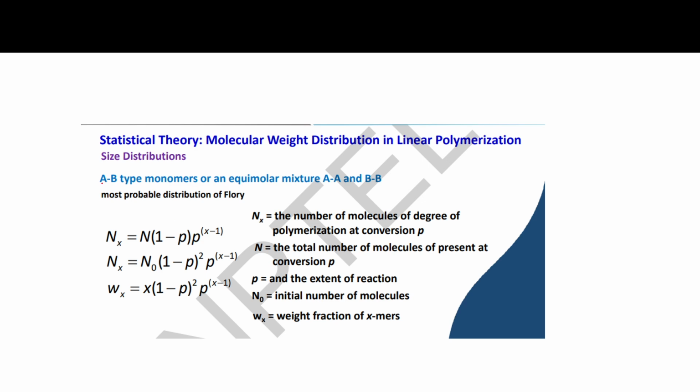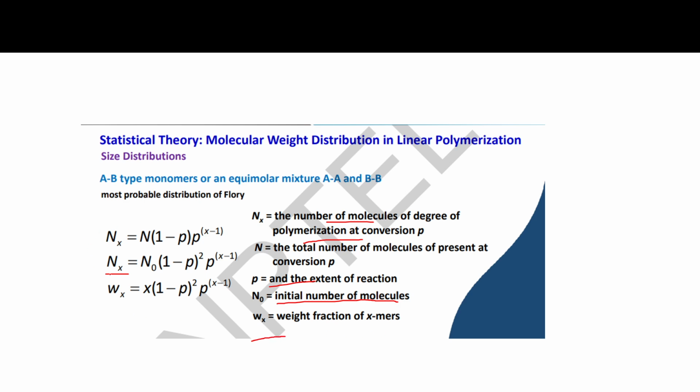There will be another topic, the statistical distribution of the molecular weight in condensation polymerization. The statistical distribution is related to the mole fraction. Nx is the number of moles of degree of polymerization x at the conversion of P, N0 is the initial number of molecules, P is the extent of reaction, while Wx is the weight fraction of the x-mer.